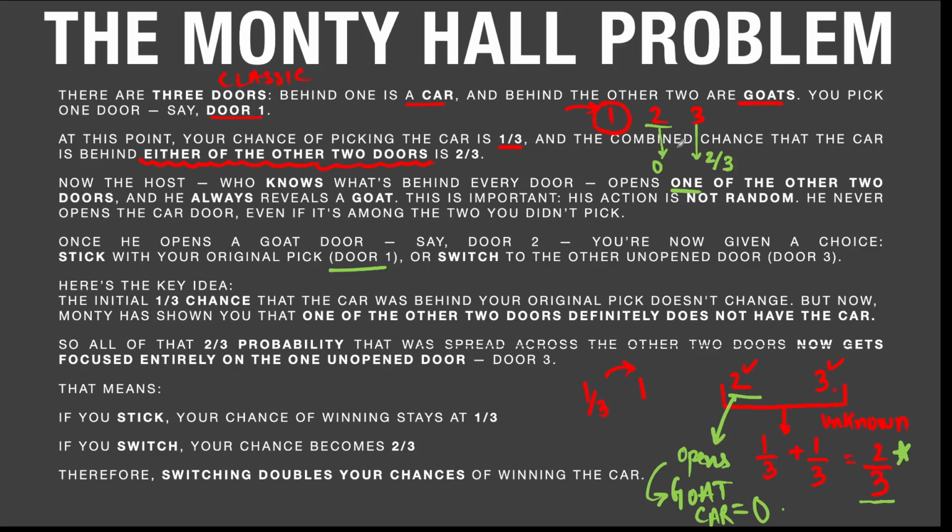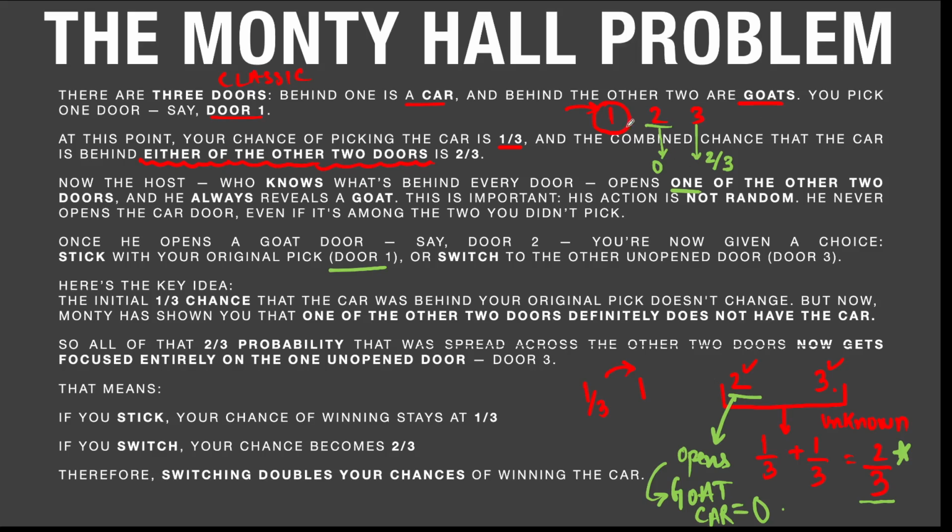Okay, the combined probability remains the same, or shifts itself to the door which is still unopened. Door number 3 now gets all the probability of getting the car, and that is equal to 2 by 3. I am only and only talking mathematically. Okay, this is not a luck game, this is a mathematics game.